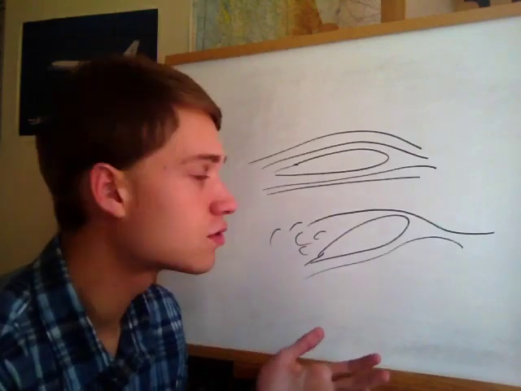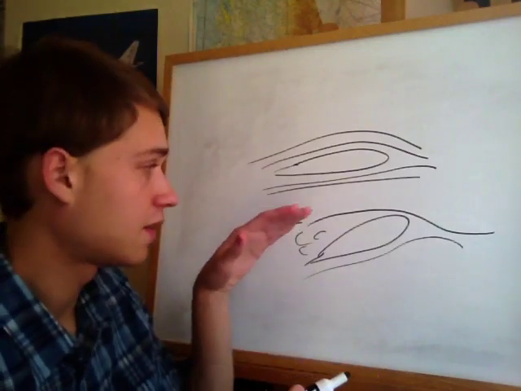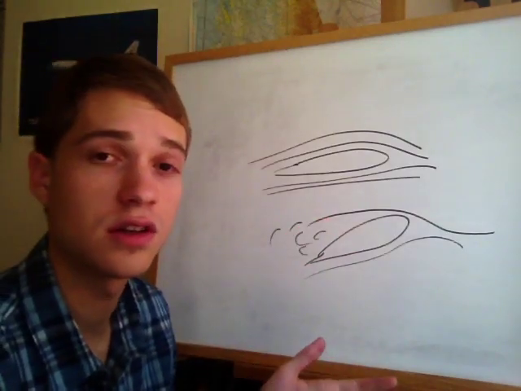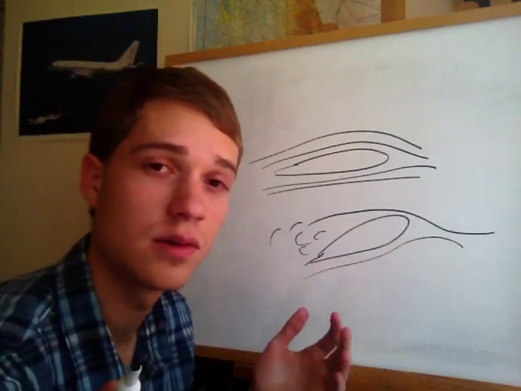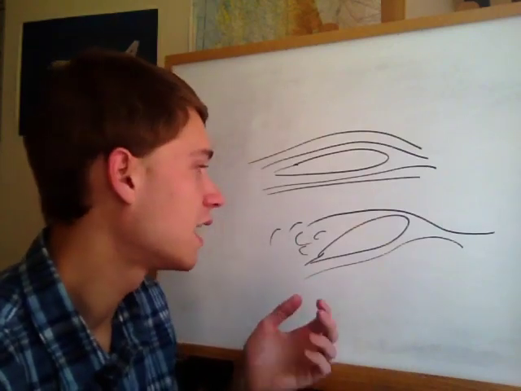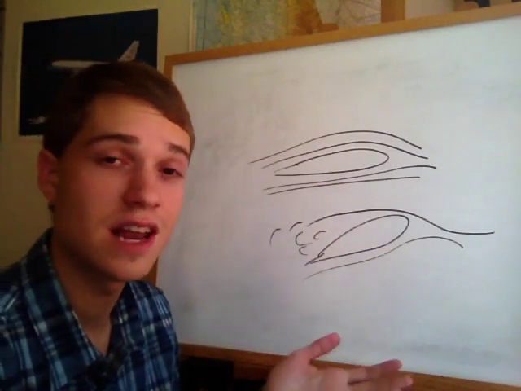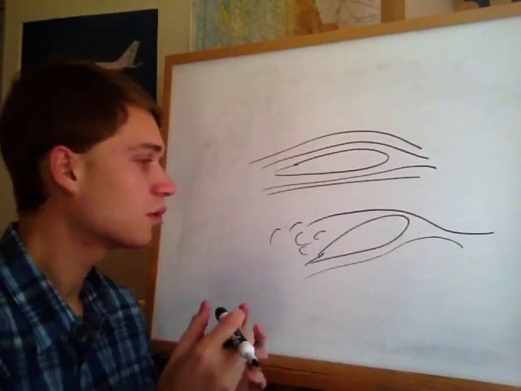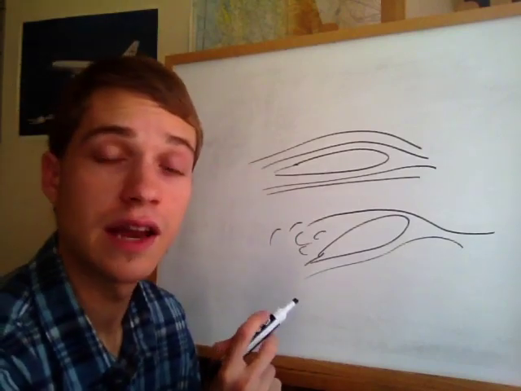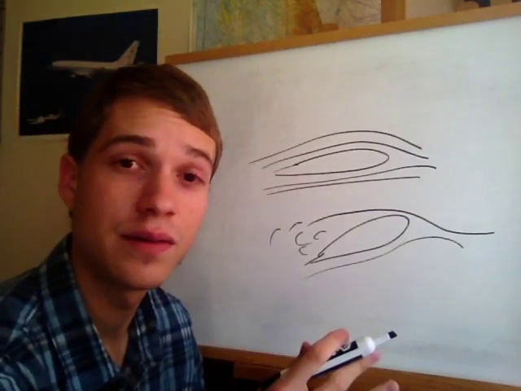It's not completely destroyed, but it's largely destroyed, and the wing is said to be in a stalled condition. It has nothing to do with the state of your engine, but it has everything to do with the state of the airflow of your wing. It's an aerodynamic condition.